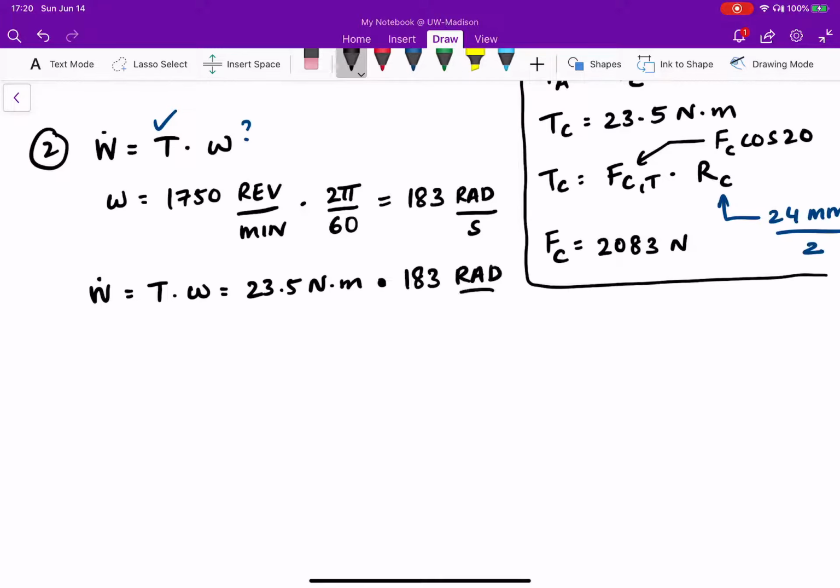This is all in SI units, so the solution should be in watts because I'm also using meters instead of millimeters. I end up with 4,300 watts, which is the same as 4.3 kilowatts. So this is the power.